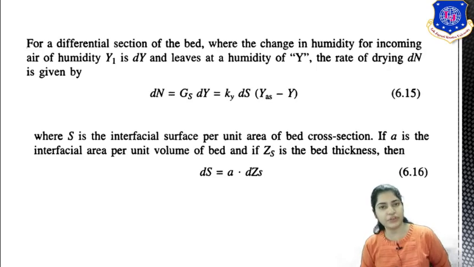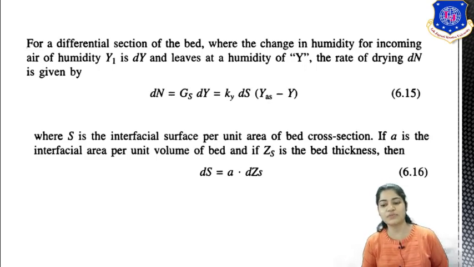So hence substituting the values, you get it is equal to ky dS into YAS minus y. Try to understand what you are doing. You are representing your rate in the form of a mass transfer coefficient, right? Hence ky dS into YAS minus y.